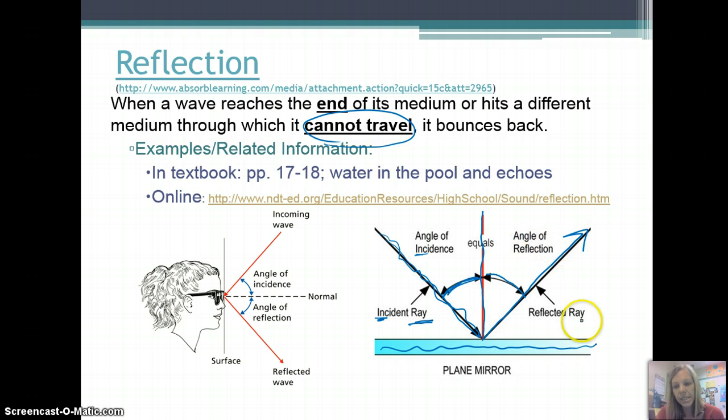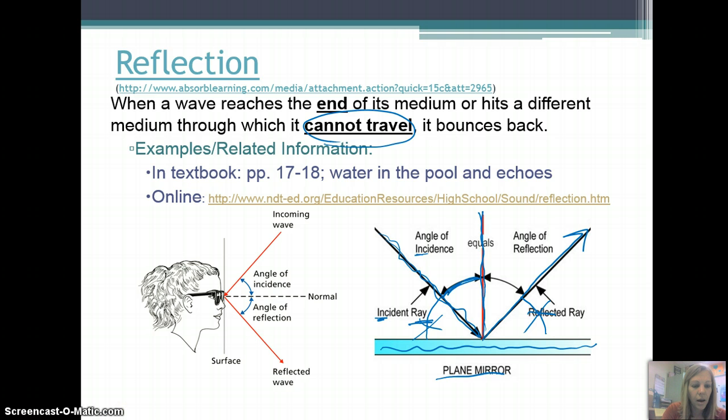A common mistake that students make when they're measuring their angles is they measure from the barrier medium to the incident ray or to the reflected ray. This is not where you want to measure from. Okay, so you always want to measure from that perpendicular line from the barrier medium. Okay, in this circumstance, the plane mirror is the barrier medium.